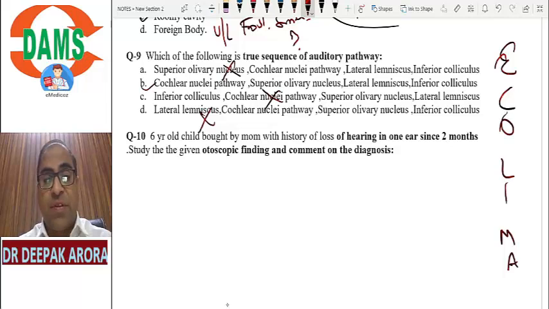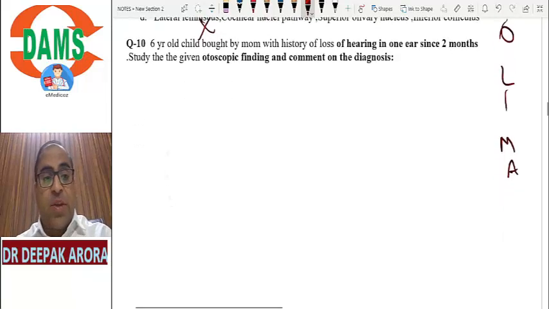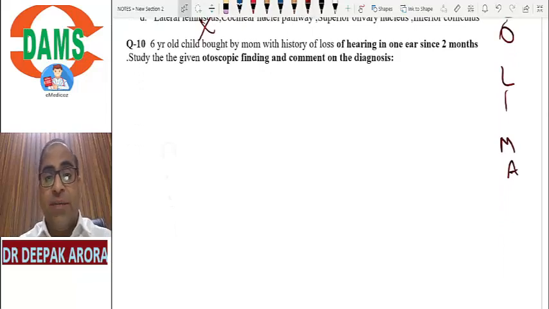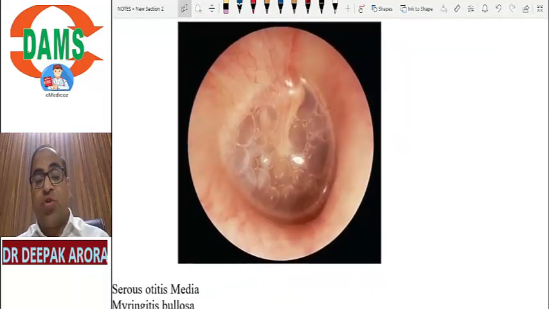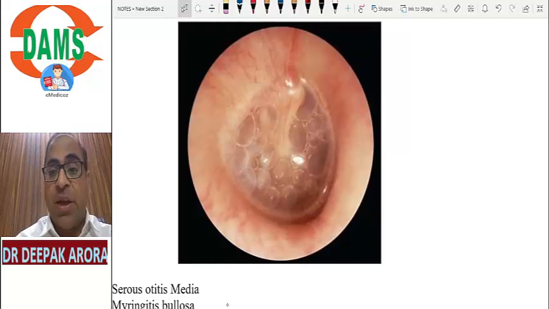Done. Is this clear? Coming to the next MCQ: a 6-year-old child with a history of hearing loss for the last 2 months. On otoscopic finding, what I'm showing you is small blebs on the tympanic membrane.